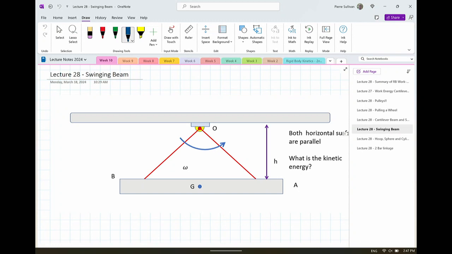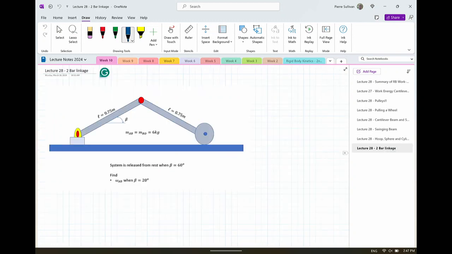All right, two-bar linkage. So I have a two-bar linkage, and the tricky bit here is that the motion is a little bit odd. And so I know the velocity of the center of mass here. It's going to be Vg, which is equal to omega L over 2.